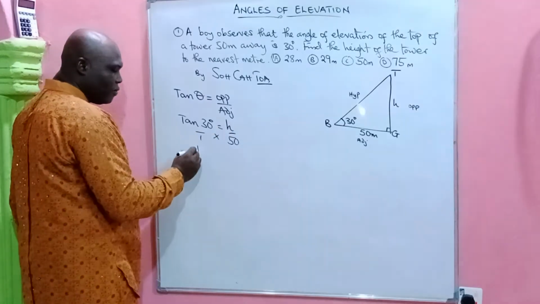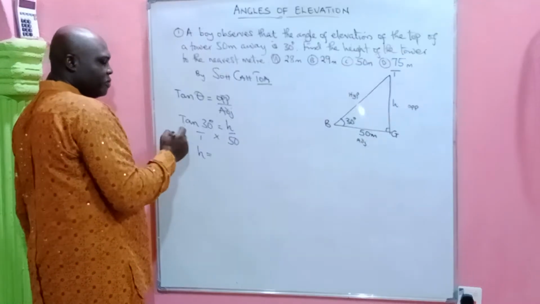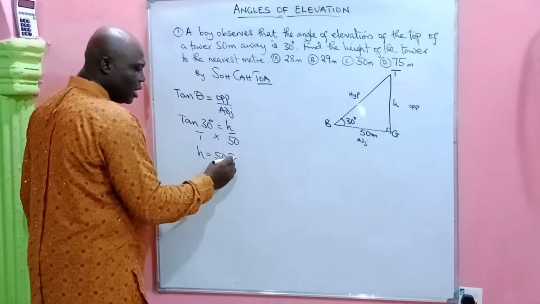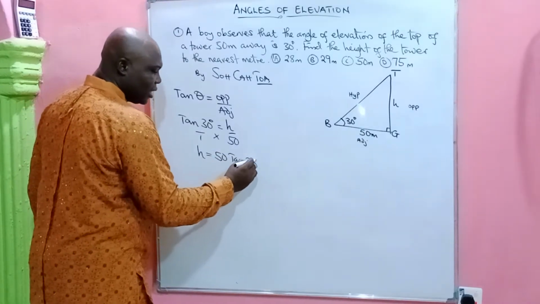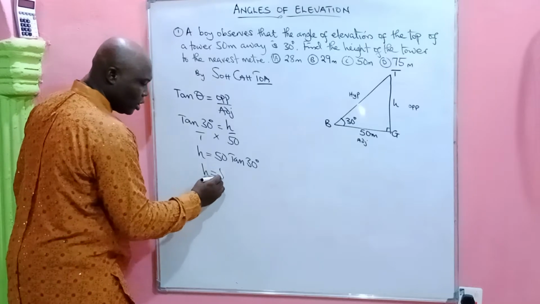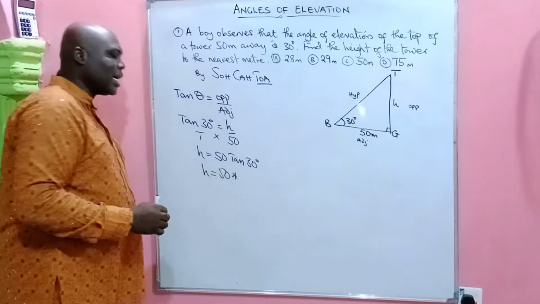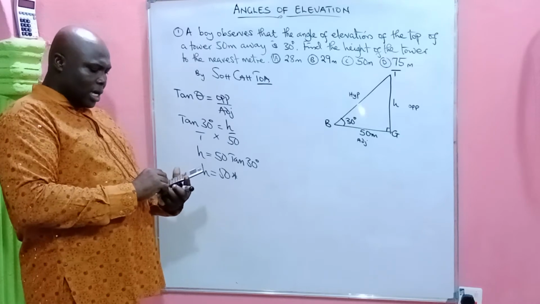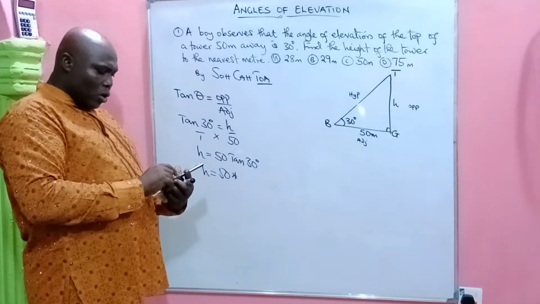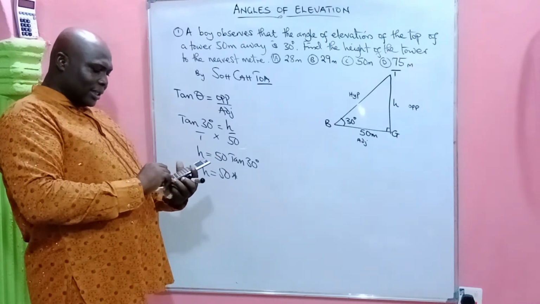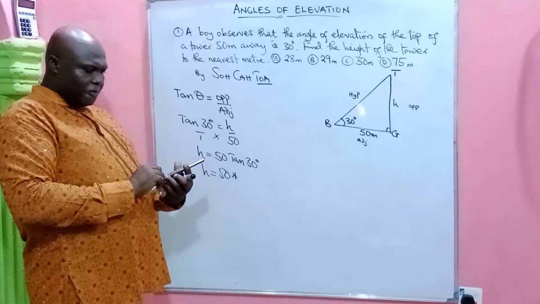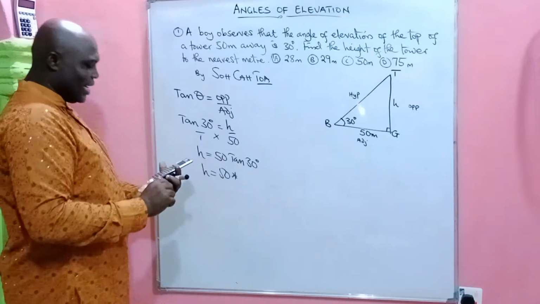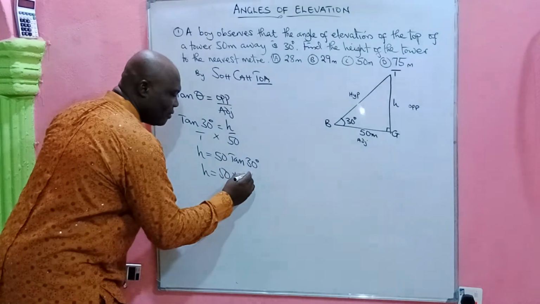H times 1 gives H, equals 50 times tan 30 degrees. Tan 30 degrees should be 0.5774.